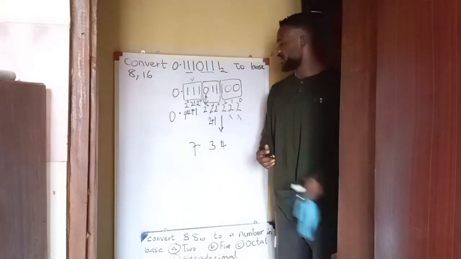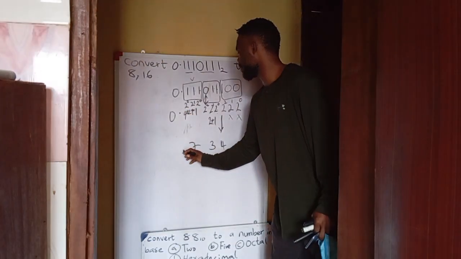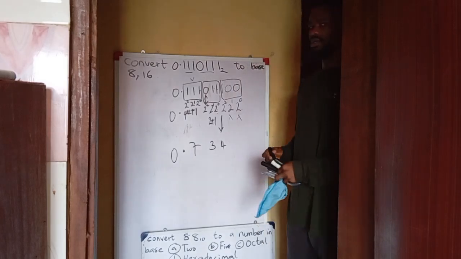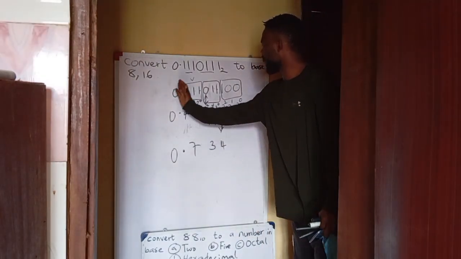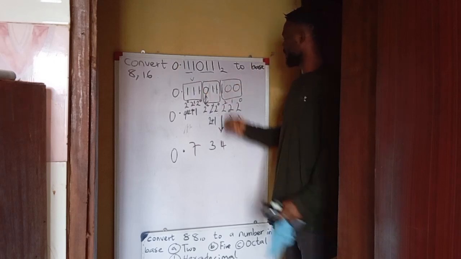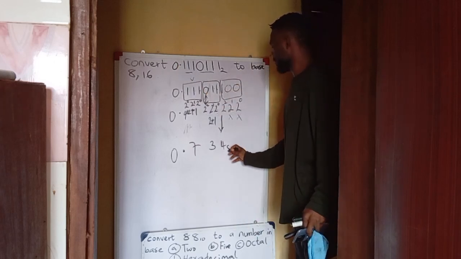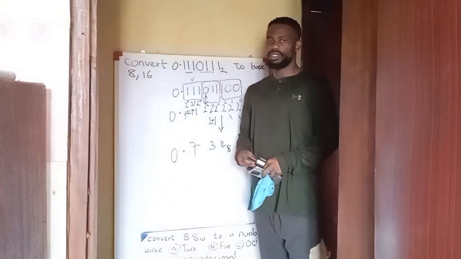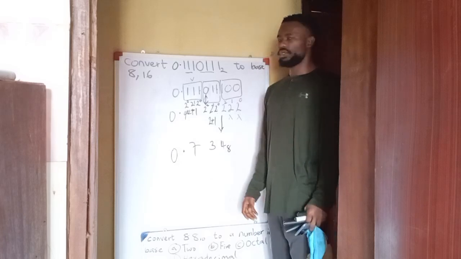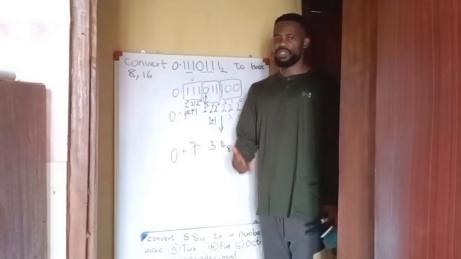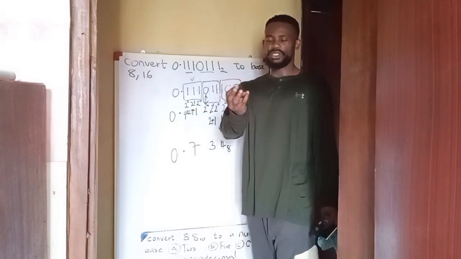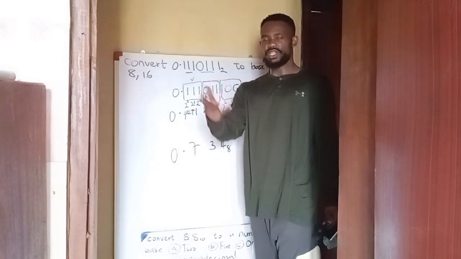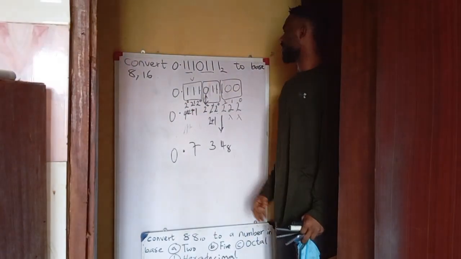Your point, you always carry it down. So everything I have here in binary is 0.734 in octal. The octal number system is the number base that ranges from 0 to 7. So this is how you go about it.